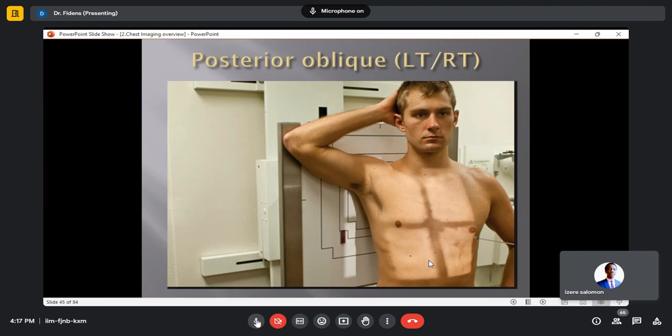Right posterior oblique. Okay? Because the posterior right side is the part that is against the cassette.